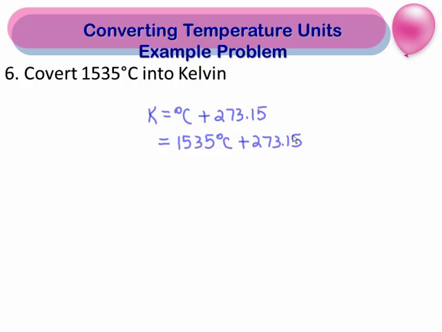And remember that when we add, it goes by the number of decimal places. Our given does not have any decimal places, so my final answer is not going to have any decimal places. And the unit is just K. There's no degree sign with the Kelvin temperature. The expectation here is that I know it's an equation, but you need to show work and give an answer with correct units and sig figs.